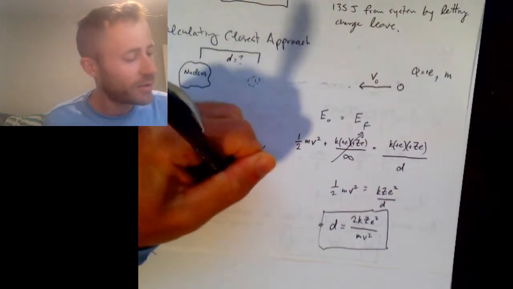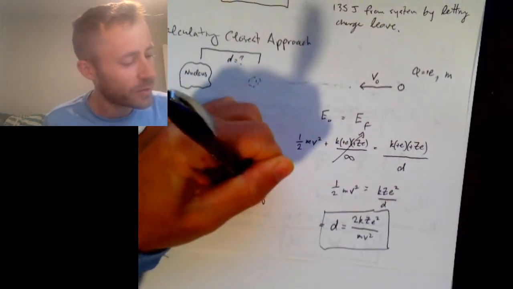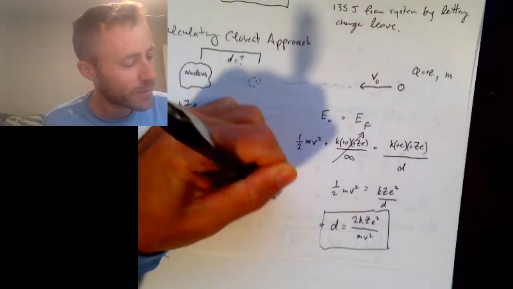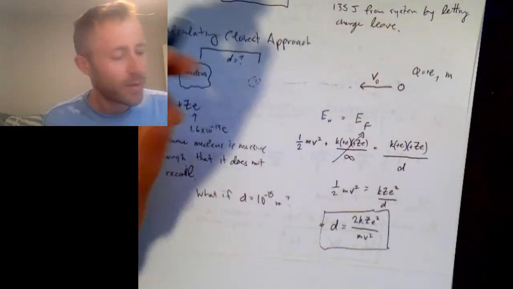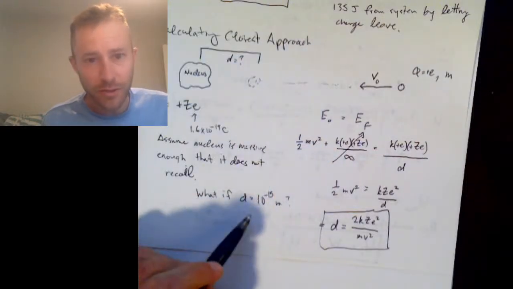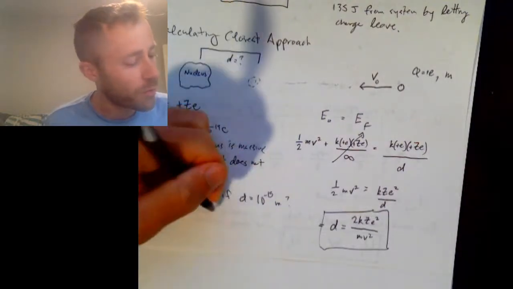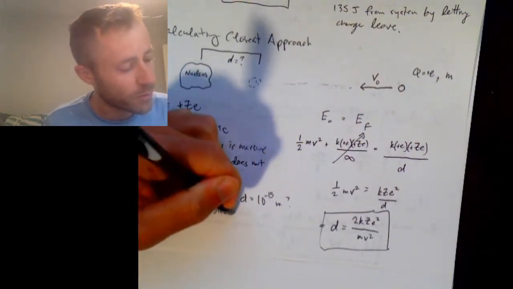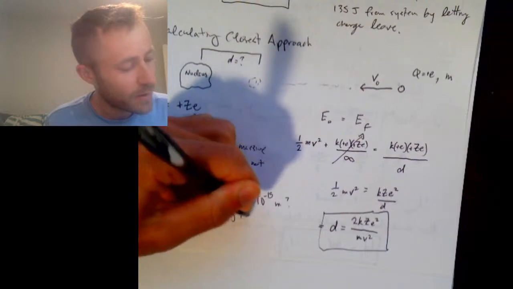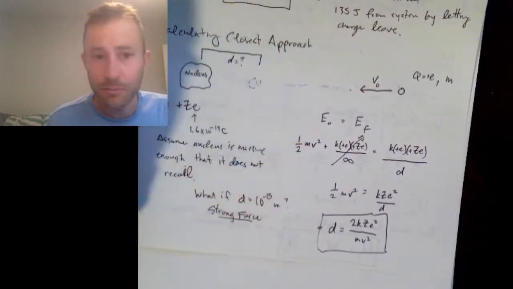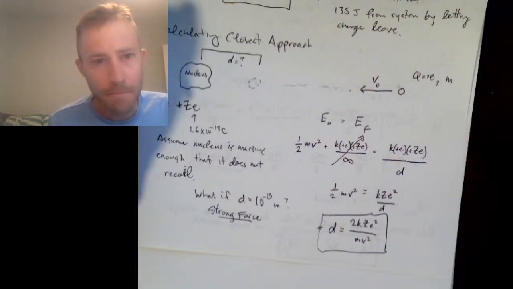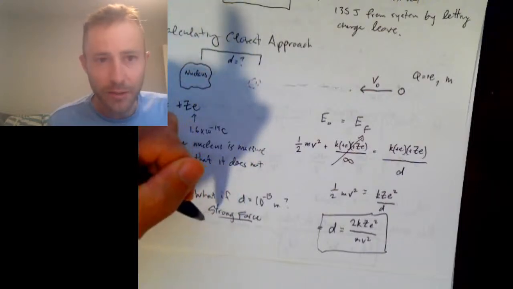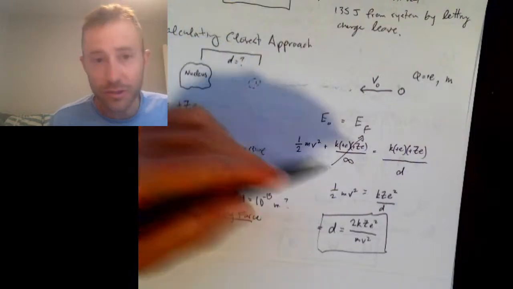Okay? So, in particular, what if we set the distance equal to 10 to the minus 15 meters? That would be the distance at which the strong force, the strong nuclear force, is able to bind like charges together.